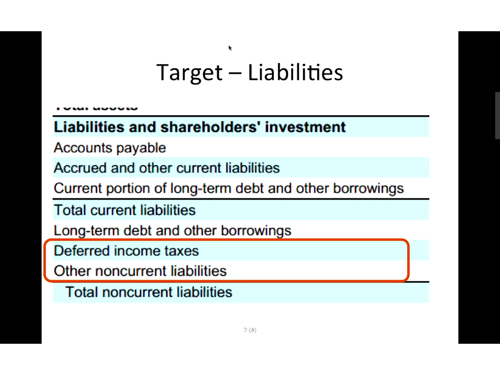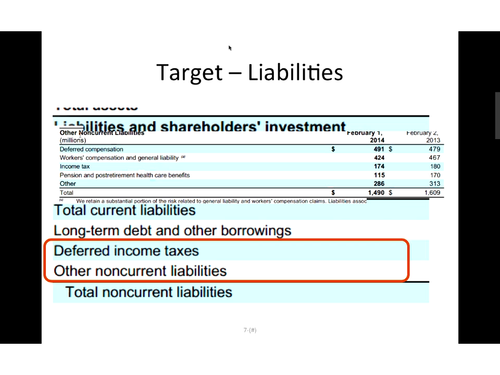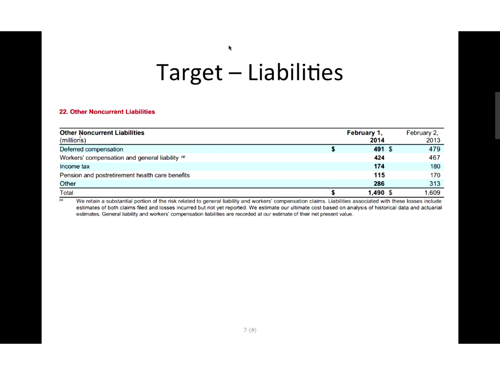If you're an accounting major, you get to study that in a lot of depth later on. And then other non-current liabilities, if we look in the notes, it'll tell us what that is. We see some deferred compensation, which is to executives. They'll get deferred compensation down the line, workers' compensation, income tax, pension benefits. So there's a lot of things in that other category.